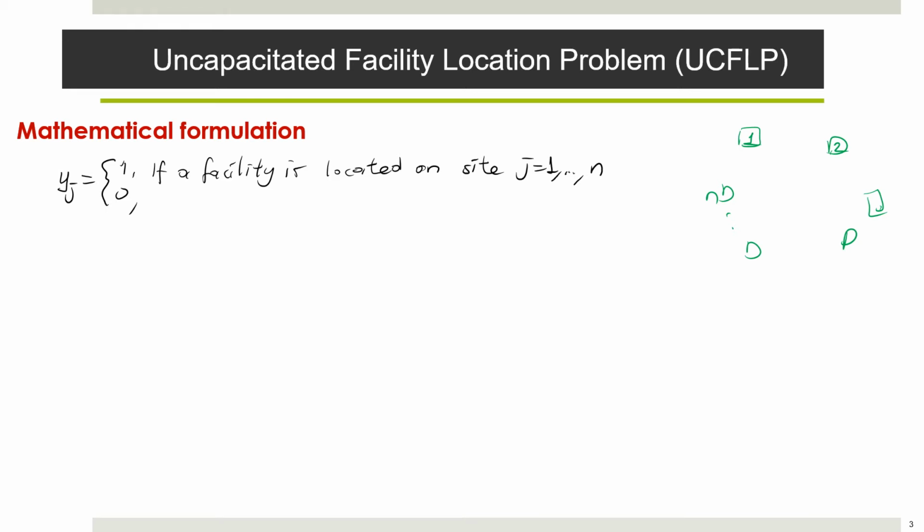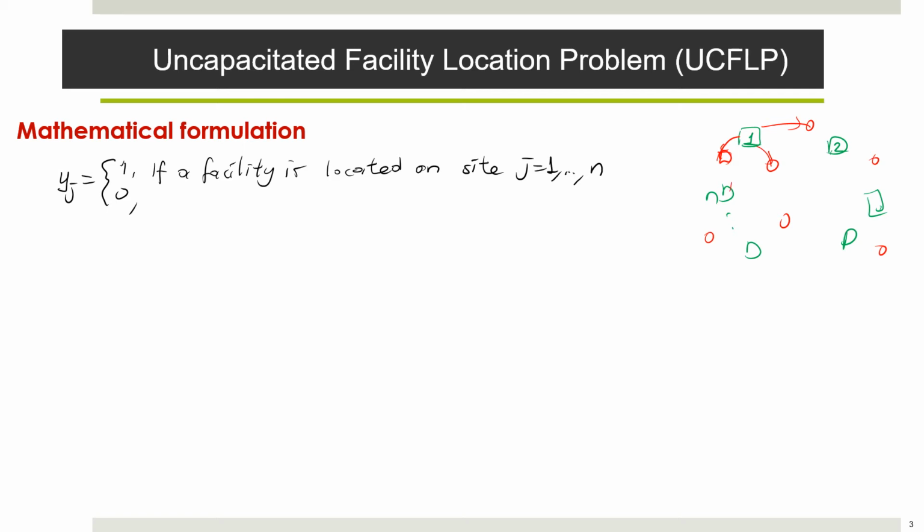There is another decision which is related to the percentage of the demand of a customer that we satisfy from the facilities. So we have the customers located at different coordinates or different locations. For example, if we establish a facility at the first candidate location and satisfy the demand of these customers, we want to understand what percentage of this demand will be satisfied.